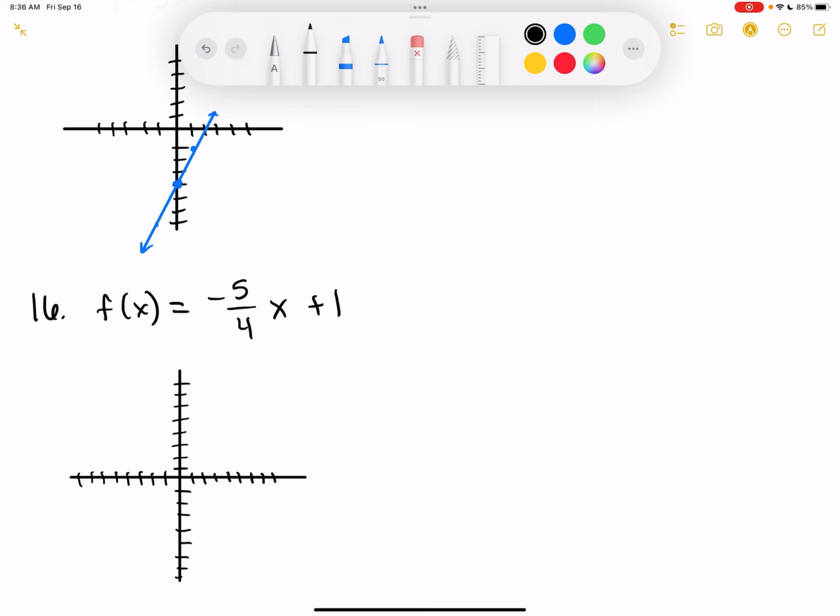All right, so y-intercept. 1. And what is my slope doing with this one? Either left 5 and up 4 or down 4.